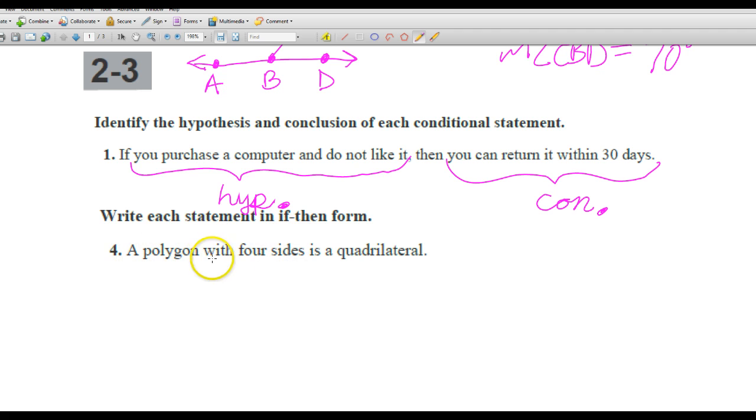So a polygon with 4 sides is a quadrilateral. So the conclusion will be is a quadrilateral. So the hypothesis would be if a polygon has 4 sides, then it is a quadrilateral.